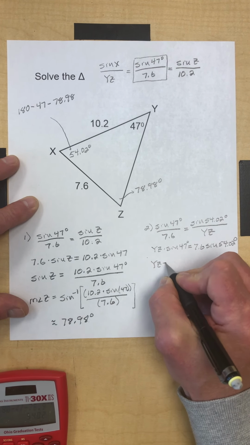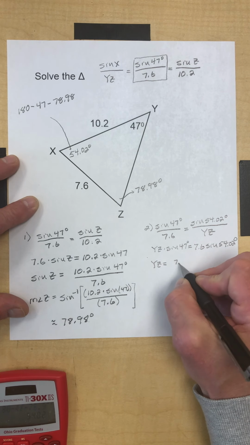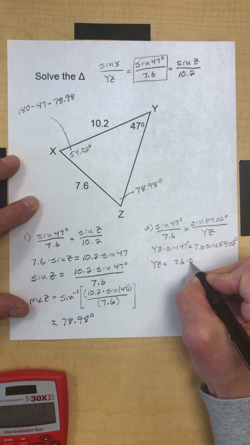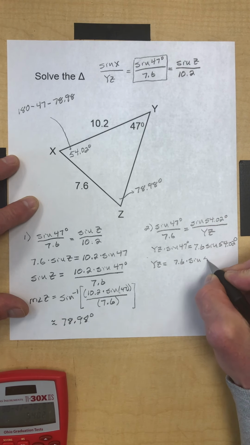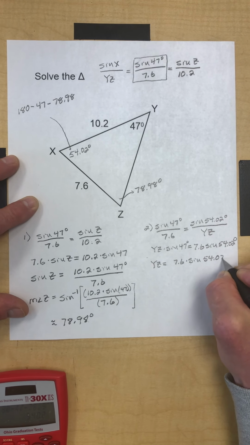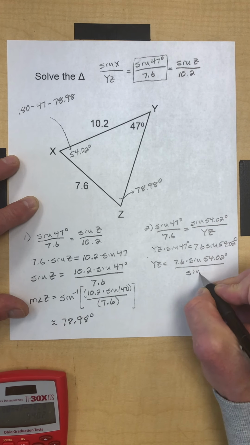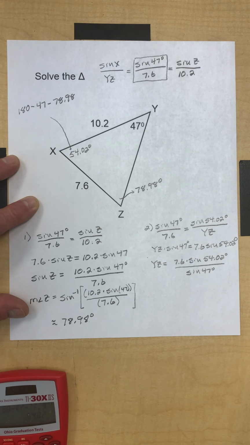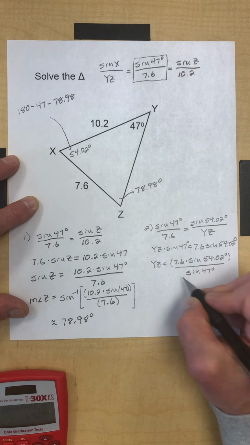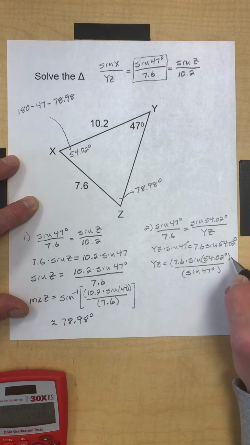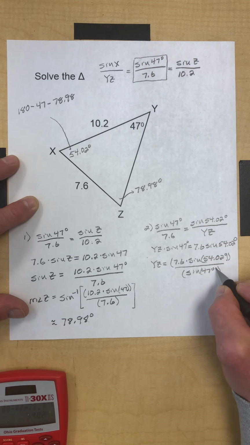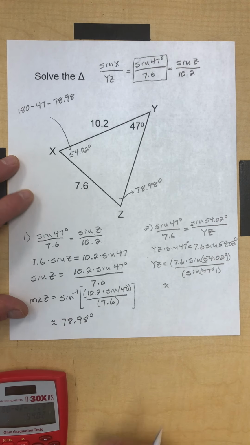So YZ equals 7.6 times the sine of 54.02, all divided by the sine of 47. Put our parentheses in there. Okay, so we can punch it all into the calculator. Okay, so let's see.